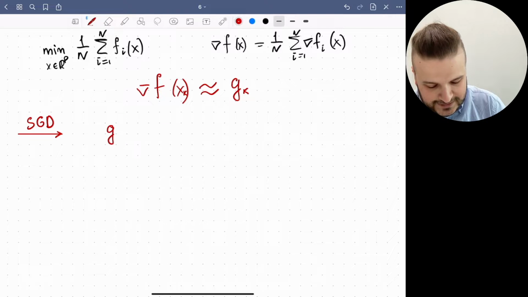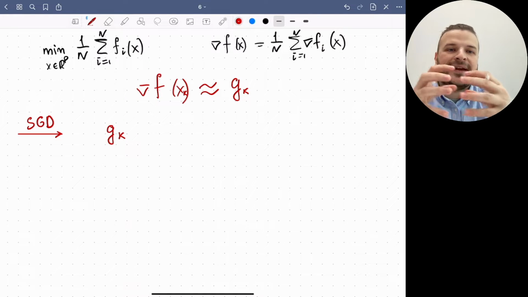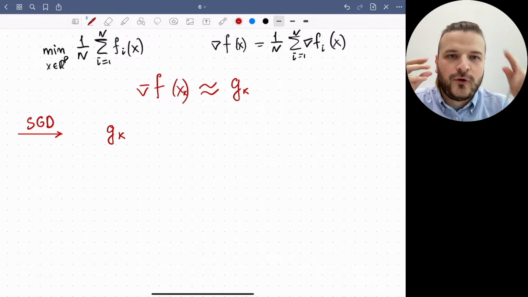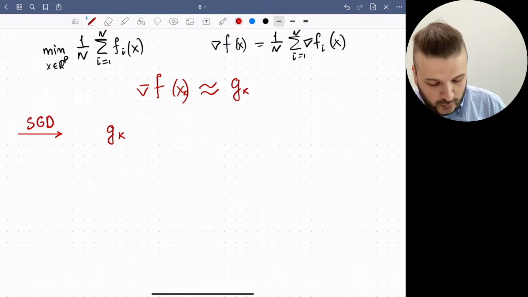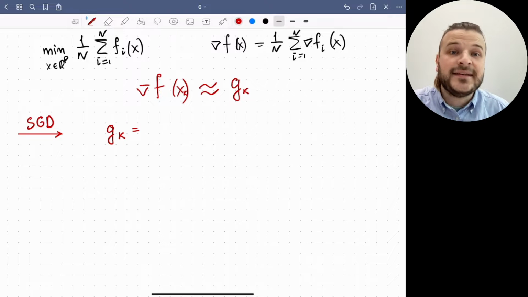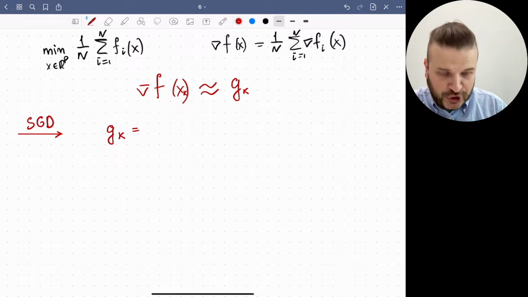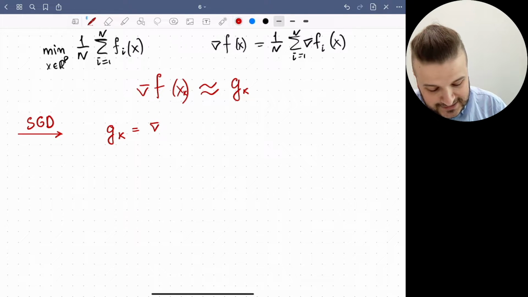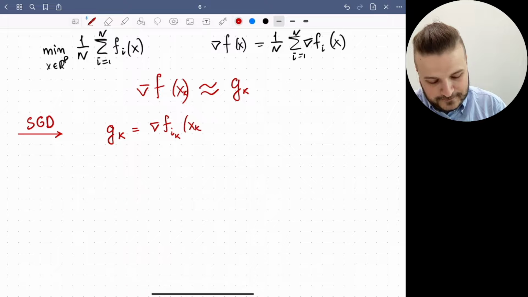What if the gradient is approximated not by a full sum of all these gradients, but with only a single component in this sum? I mean that on each iteration, we're going to use just some gradient with index ik of xk.